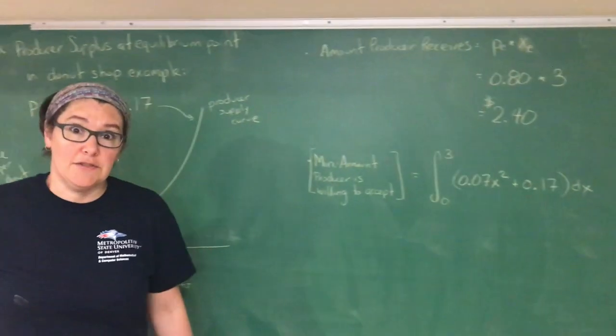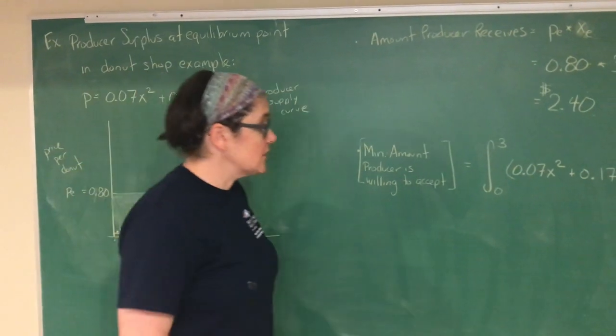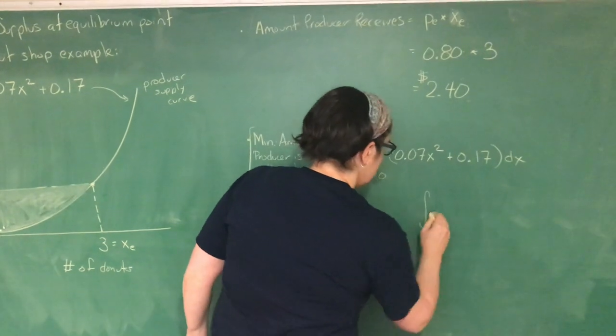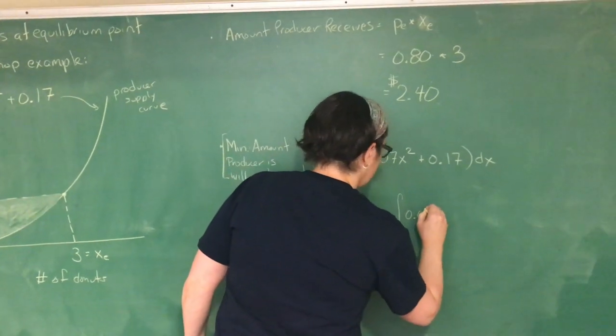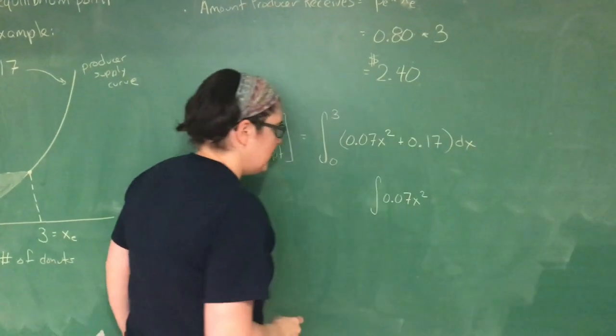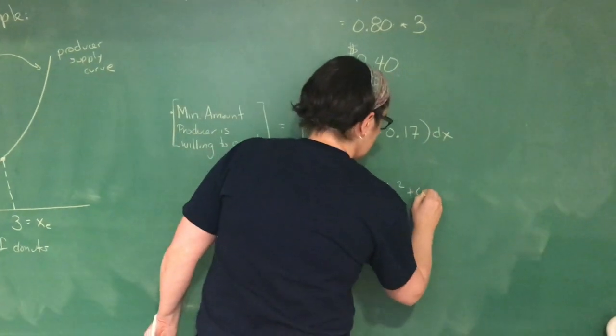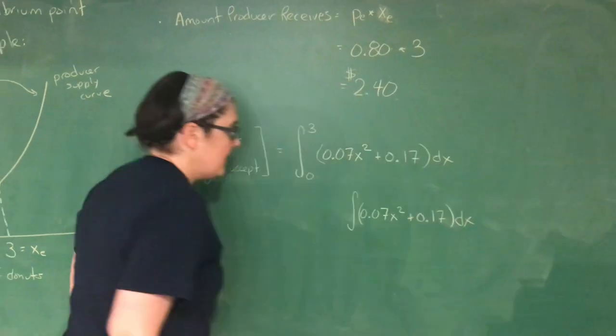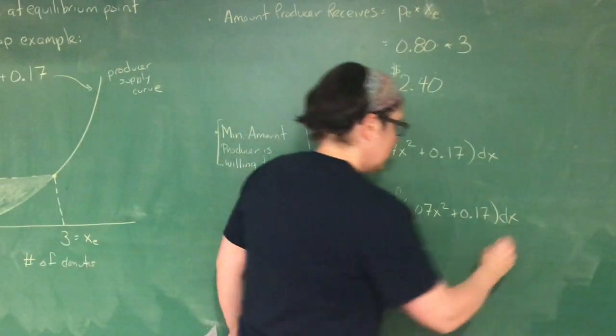So now I've got some calculus to do. I want to evaluate this integral. So to evaluate the integral, I'm going to ignore the bounds, and I'll start by looking at the indefinite integral, the integral of 0.07x squared plus 0.17 dx. And I want to find an antiderivative.